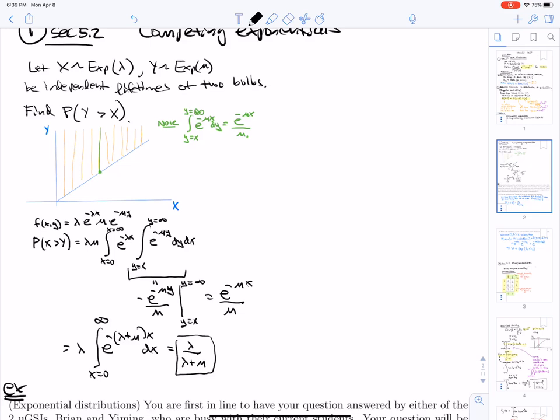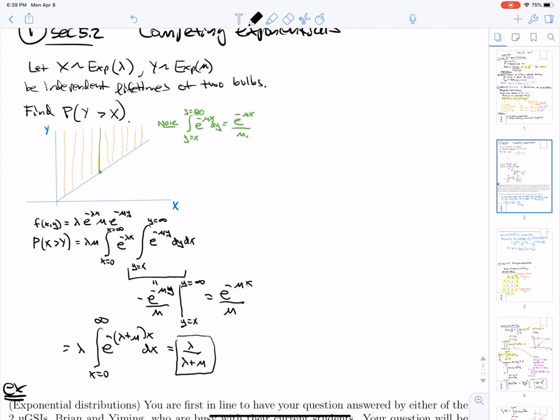If mu, the rate that light bulb Y burns out, is very small, then the probability that Y is greater than X would be close to 1. If mu is very large, then the probability that Y is greater than X will be close to 0.